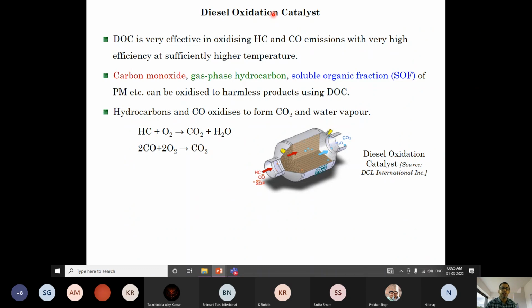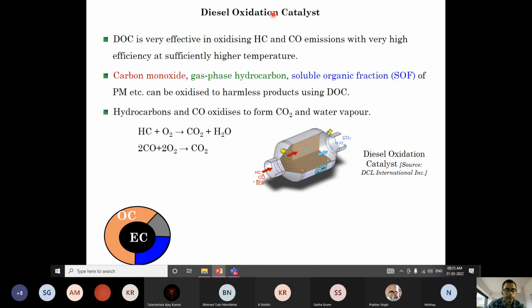DOC only takes care of HC and CO. And therefore, during our discussions in the last class, or even the class before, we said that HC and CO pollutants are very easy to control with the help of after-treatment technology. But NOx and particulate matter, these two pollutants are really very painful for the automotive engineer to control.